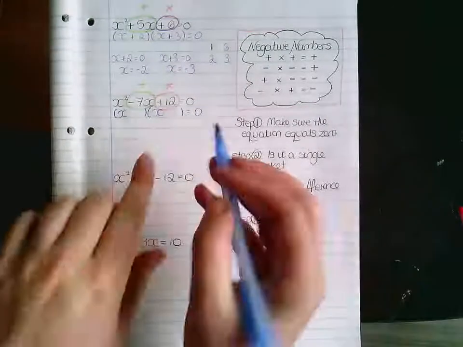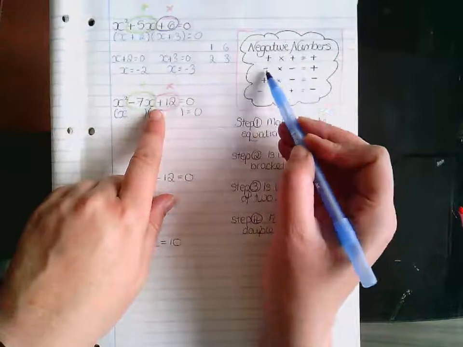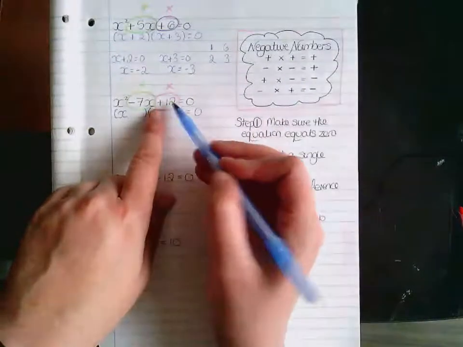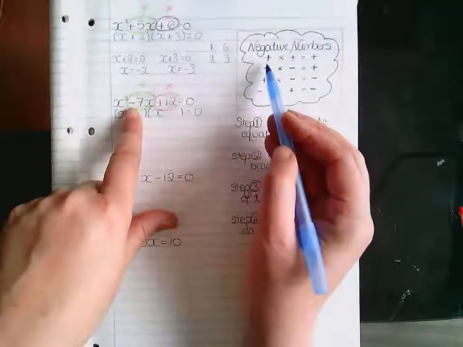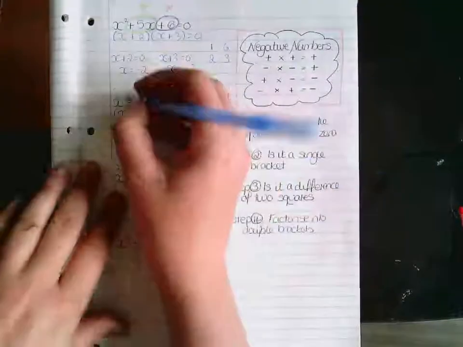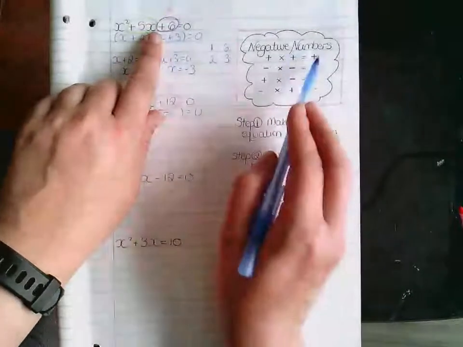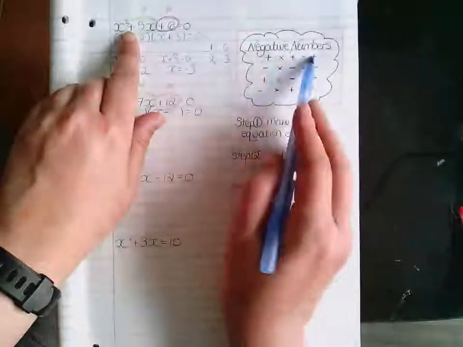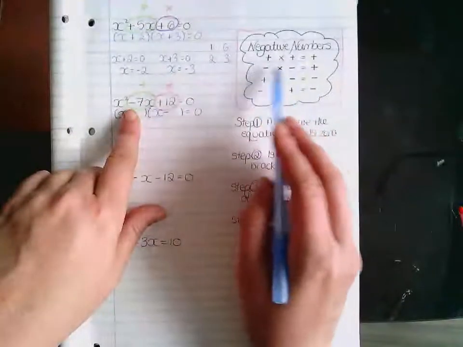Now, numbers that multiply to make a positive 12 means it's either a plus plus or a minus minus. Now, I know I've got to add to make a negative number. So that means it has to be this one here with 2 minuses in. Up here, when we have both positive, but you added to make a positive number, it was the top one. But here it's positive, but negative, so here.